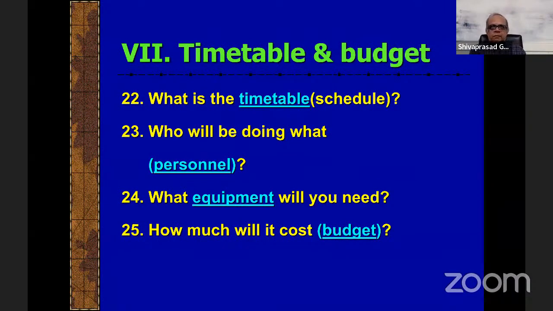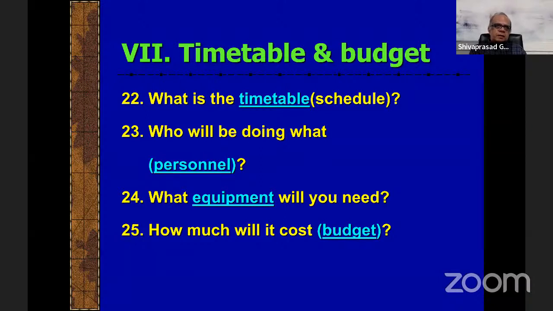Now I'll come to the part that directly relates to getting your proposal funded. That is the last 2 steps of Bordage's 8 steps. That is, what's the timeline for your study and what's the kind of budget you're looking for or you're asking for from the funding agency.